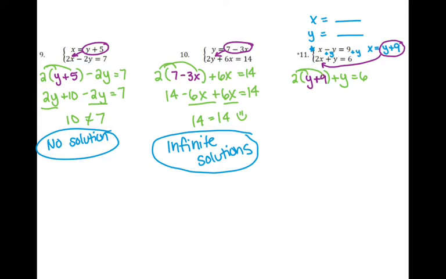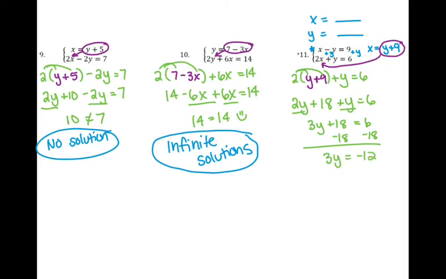So 2 times y is 2y plus 18 plus y equals 6. I can combine these like terms. 2y plus y is 3y plus 18 equals 6. I'm going to subtract 18 from both sides. That gives me 3y equals negative 12. So y equals negative 4.